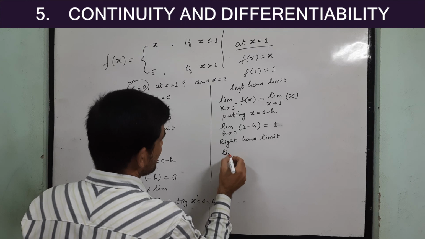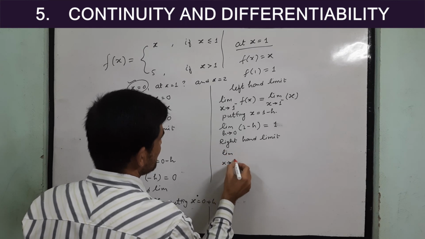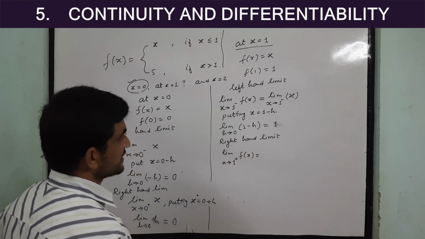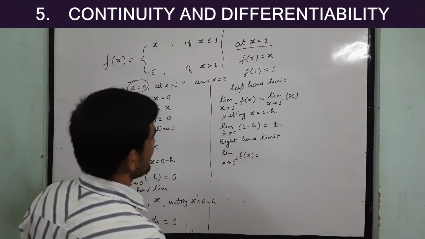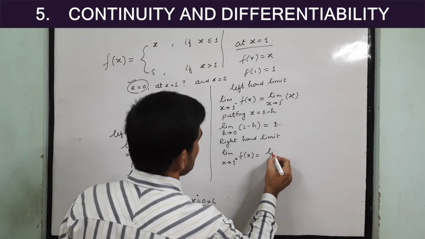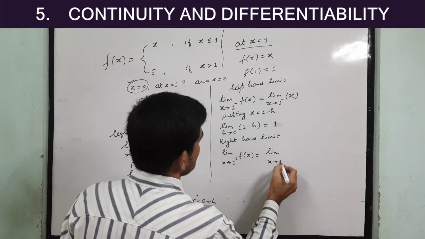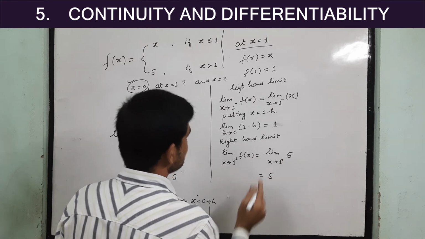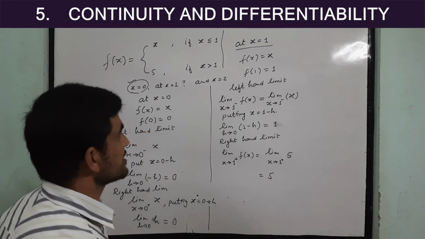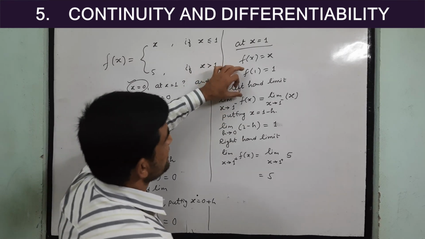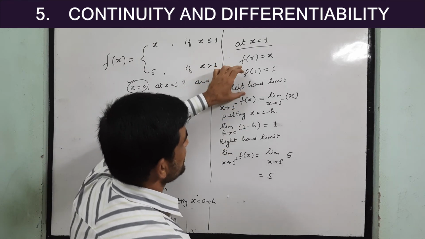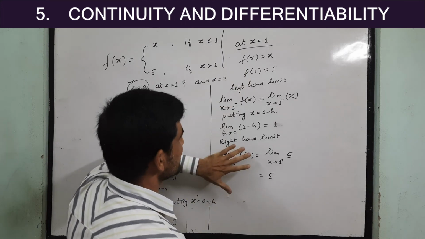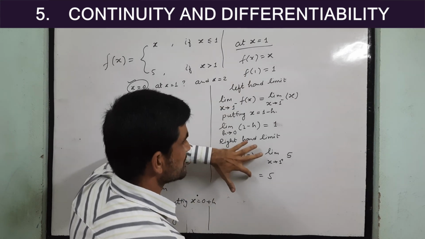To solve the right hand limit, limit x tends to slightly more than 1 of f(x), when you are taking a value more than 1, it is 5 only, a constant value 5. So whatever the value, you will get 5 only. Clear? Just see here, the left hand limit is 1, the value of the function at x equal to 1 is also 1, but the right hand limit is not 1, it is 5.